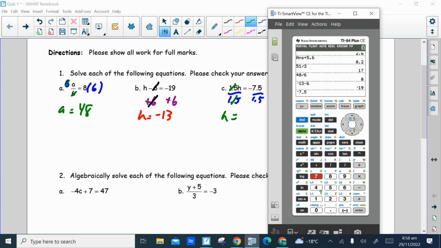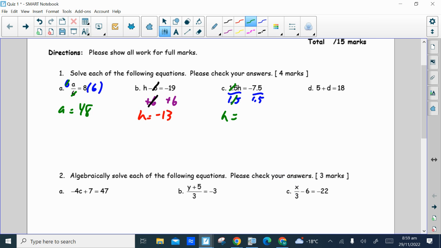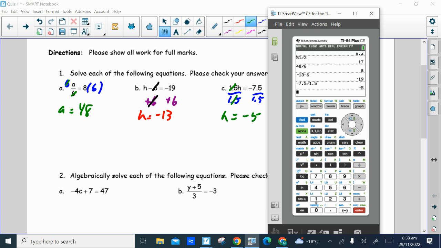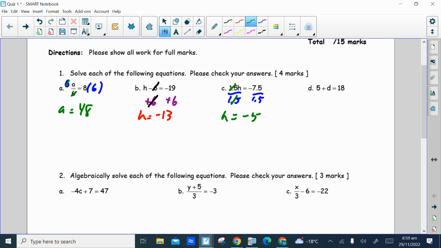Negative 7.5 divided by 1.5 is negative 5. So if we check it, 1.5 times h, which is negative 5, 1.5 times negative 5 does equal negative 7.5, so it checks.